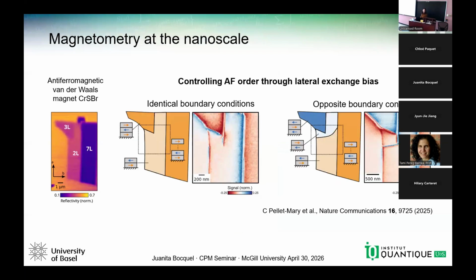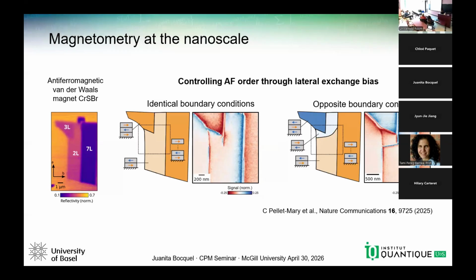So here I'm just showing work of some colleagues in Belgium as an example of what is being done these days with this technique. A lot of it is done on 2D magnets. Here is this antiferromagnetic 2D material, chromium bromide.